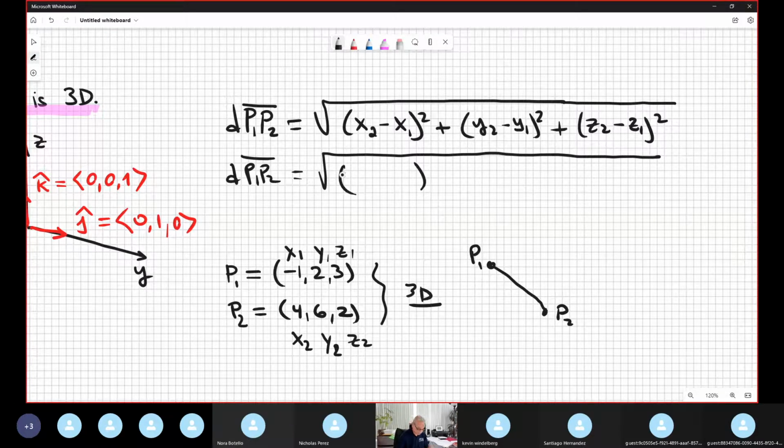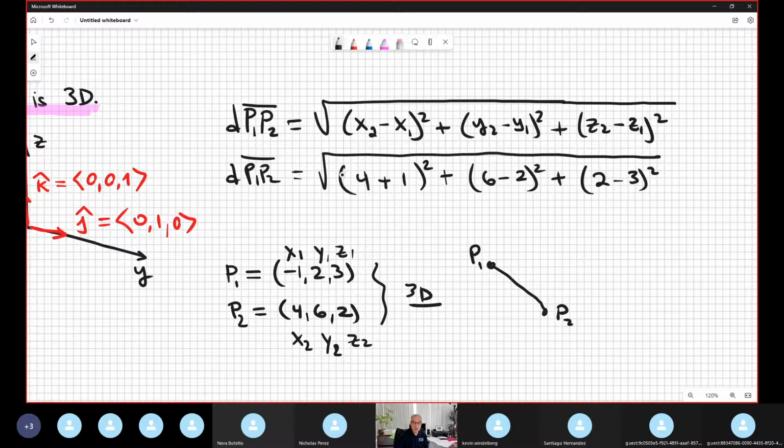For example, x2 is 4 and x1 is -1, so plus, no? You have the minus, and another minus of the formula becomes positive. Okay, y2 is 6 minus y1 is 2. It stays the same because it's positive. Squared, plus z2 is 2 minus z1 is 3, squared.